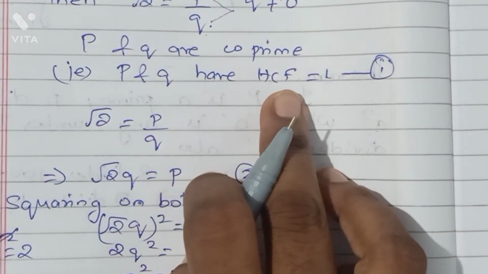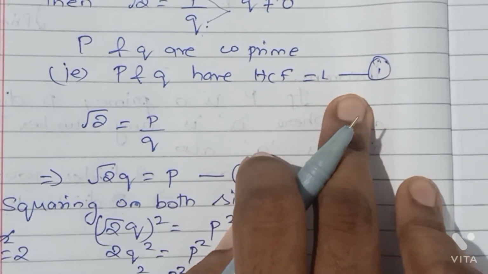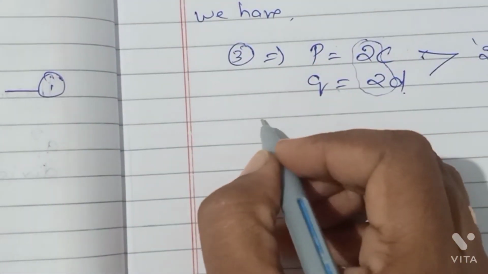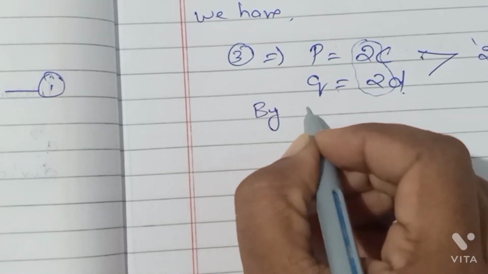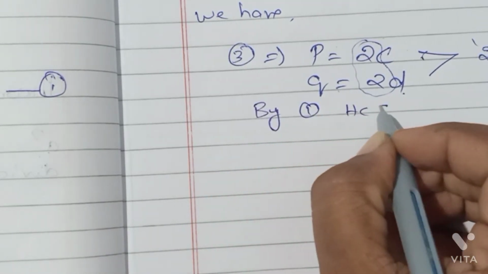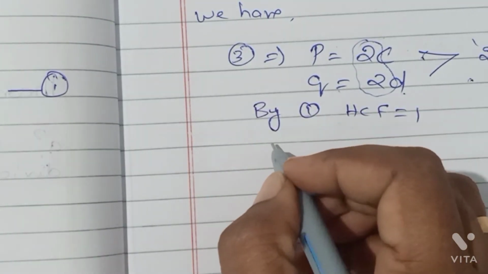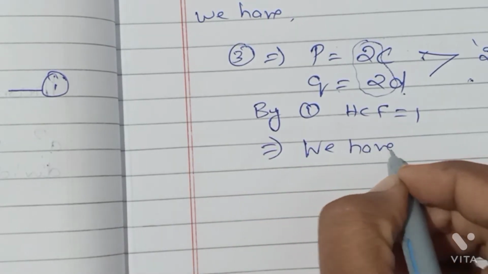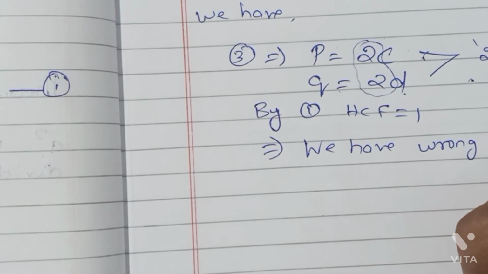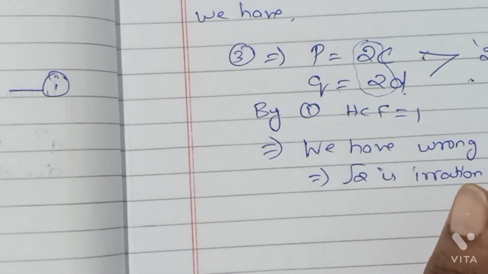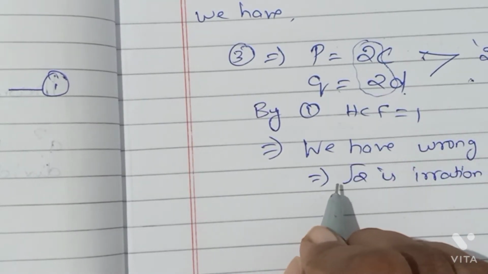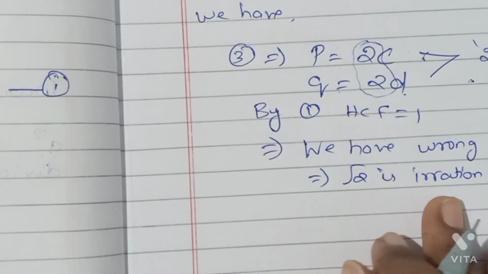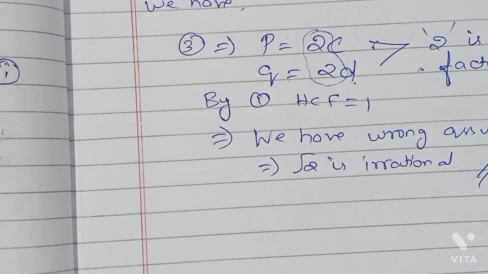In the first equation we are telling that HCF is equal to 1, but we are having by equation 1 HCF is equal to 1, but this implies our assumption is wrong. So we have a wrong assumption. What our assumption is, root 2 is rational, but this is wrong. So therefore root 2 is irrational. So we conclude that root 2 is irrational.